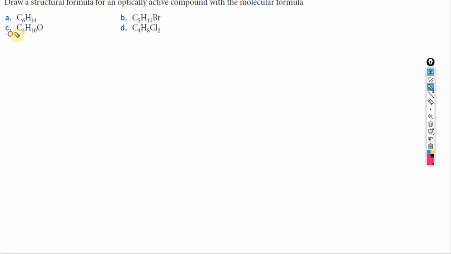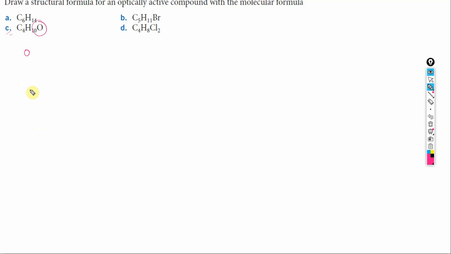So perhaps problem C. So C4H10O. When it comes to calculating double bond equivalence, oxygen is basically the same as not having it. So you can simply ignore oxygen, and calculate the double bond equivalence based on the carbons and hydrogens only. So C4H10 is going to have 0 double bond equivalence as well, even after you ignore oxygen.